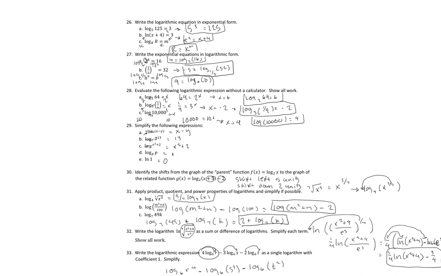So that's going to be log base 6 of r to the 4th over s cubed, right? And it's also subtracting a log base 6 of t squared. And so then that t squared is going to go in the denominator as well. And so when all is said and done, this is our simplified logarithmic expression. It's going to be log base 6 of r to the 4th divided by s cubed times t squared.